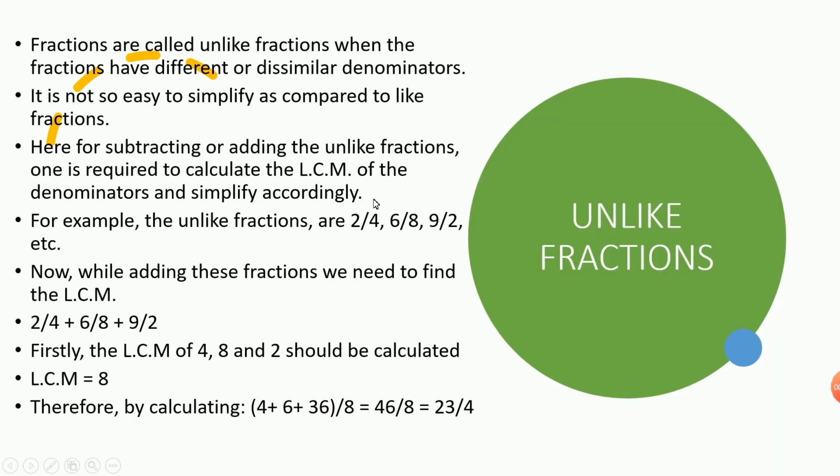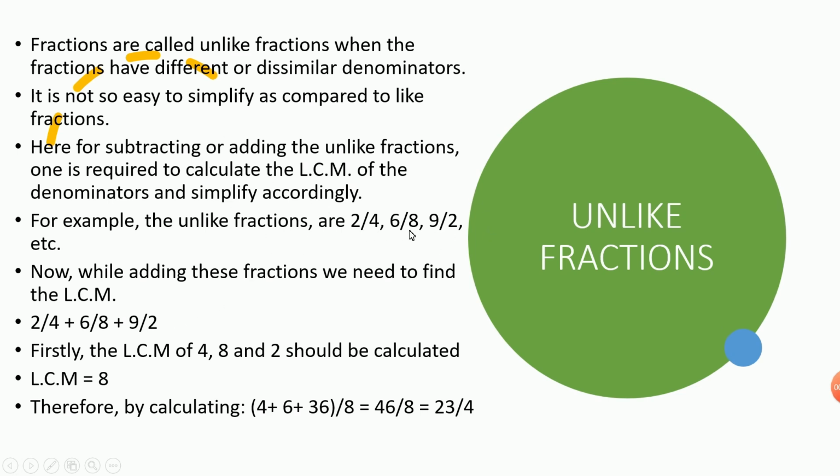Moving on to unlike fractions, here the fractions are changing. It could be solved as 1 by 2, it could be solved as 3 by 4, but no two fractions are equal. For this reason, you have to calculate the LCM of the denominators, then solve the problem.